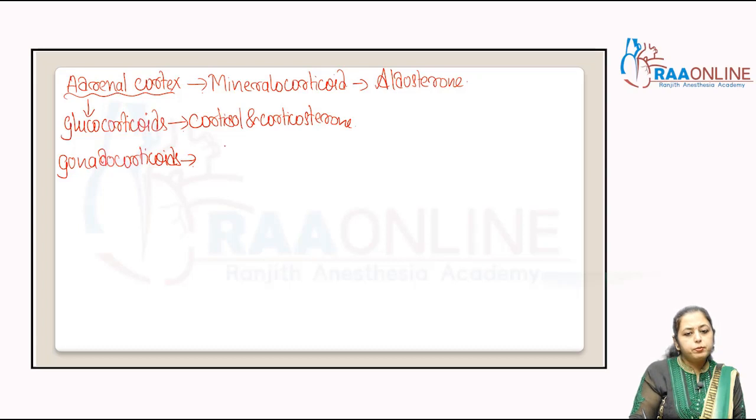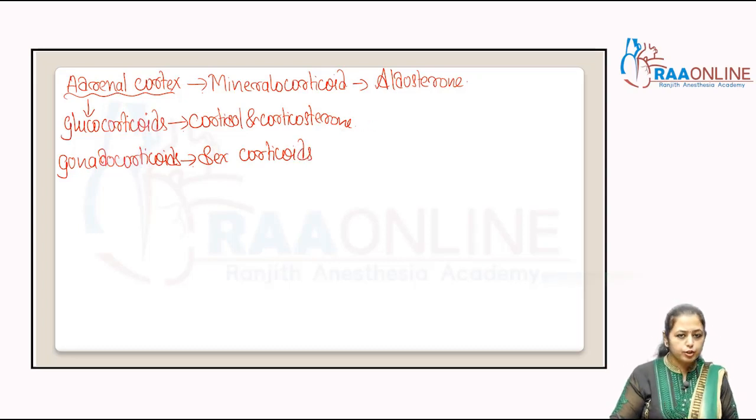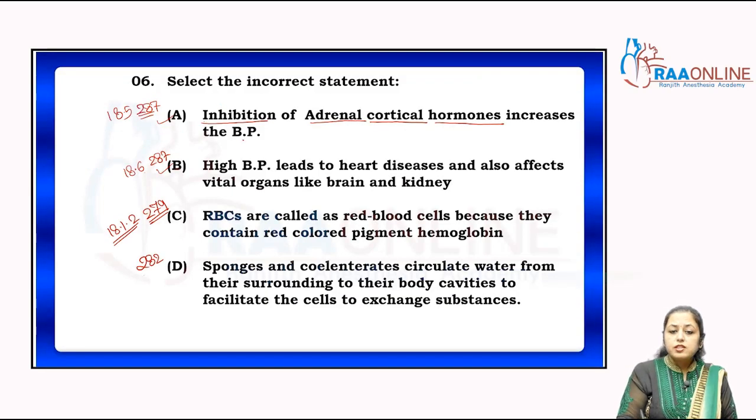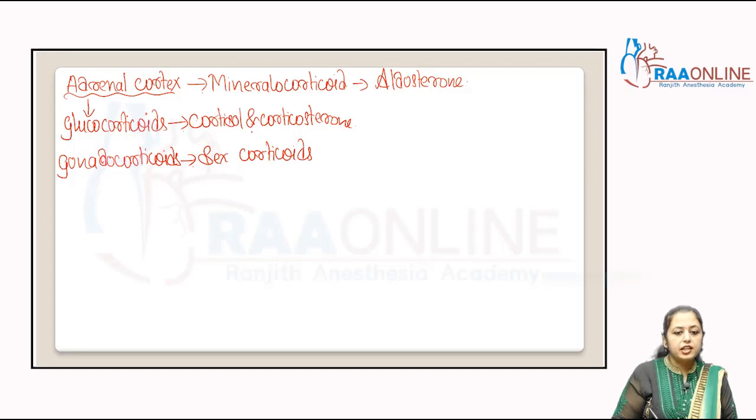So what will happen? It secretes the sex corticoids. Clear? It secretes the sex corticoids. So in that case, what will happen? If it is talking about the blood pressure, then blood pressure is related with the mineralocorticoid. It is related with the mineralocorticoid, mainly the aldosterone.